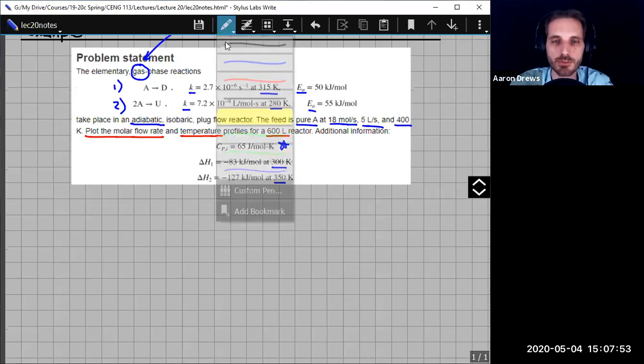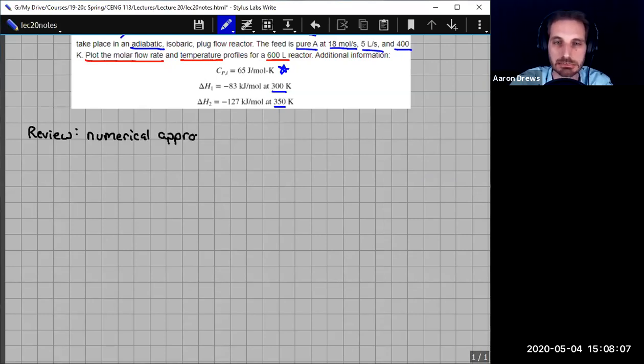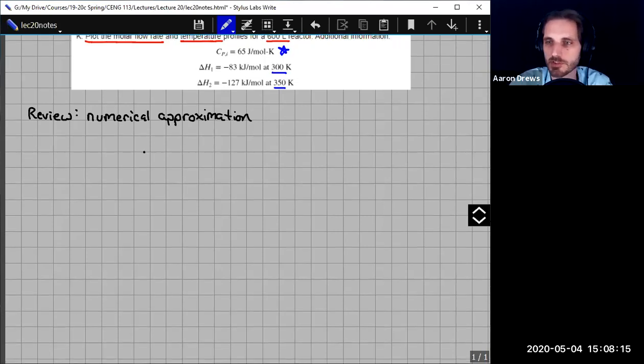The first thing I want to do is review our numerical approximation. So the general approach of a numerical approximation that we saw, I think it was Wednesday morning lecture, divided a plot.